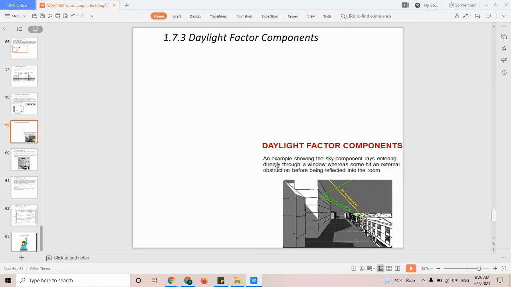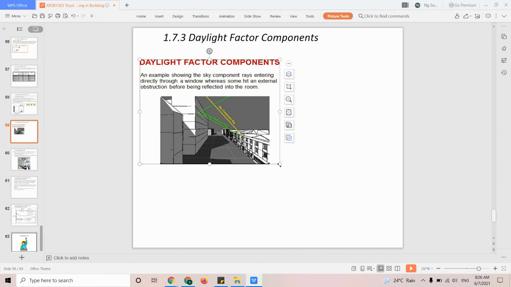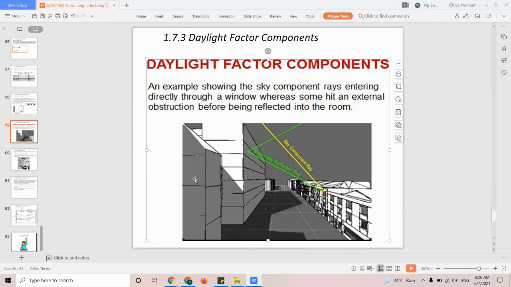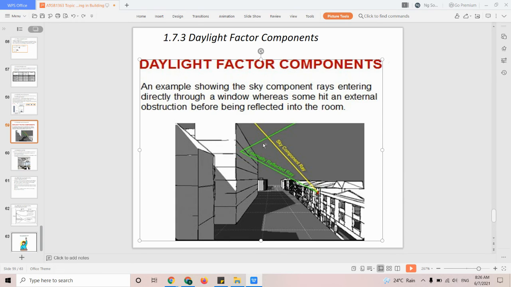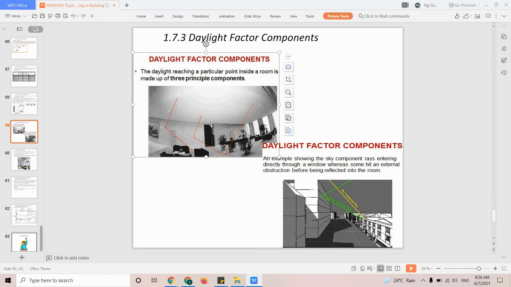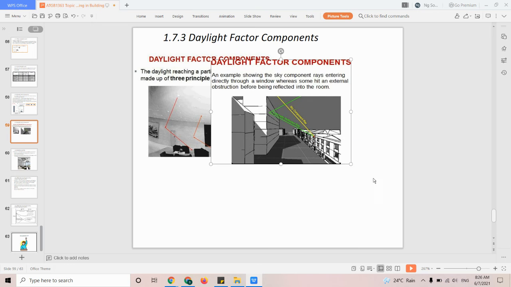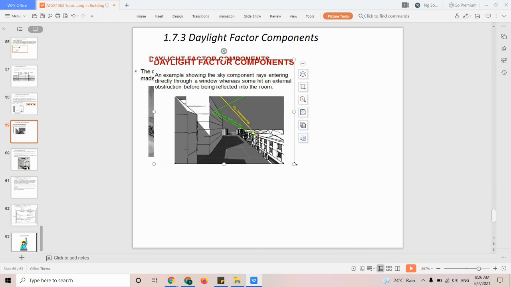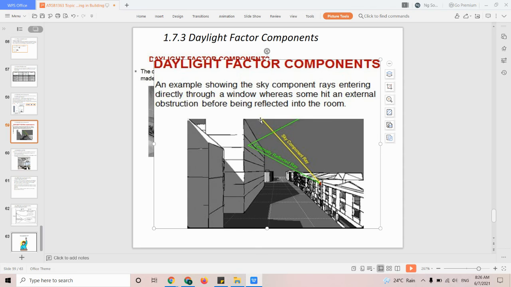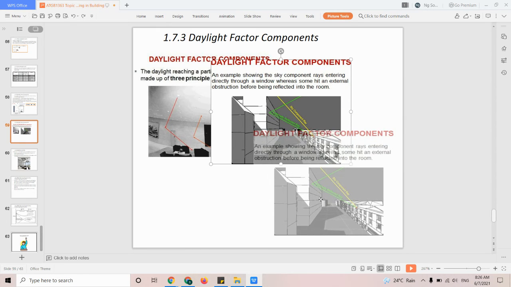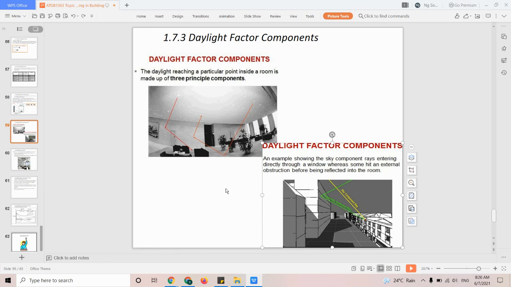So maybe I'll delete this away. Okay, so this one is the direct component. And this picture shows the sky component, which is directly from the sun, and then any externally reflected component from the building. Okay, so just remade it here.